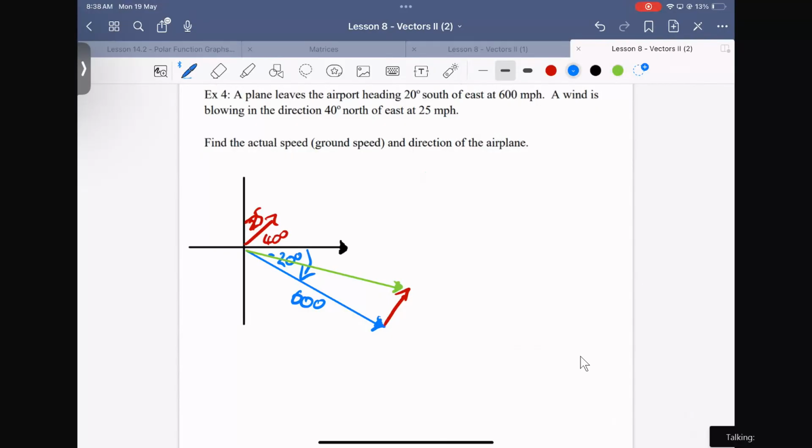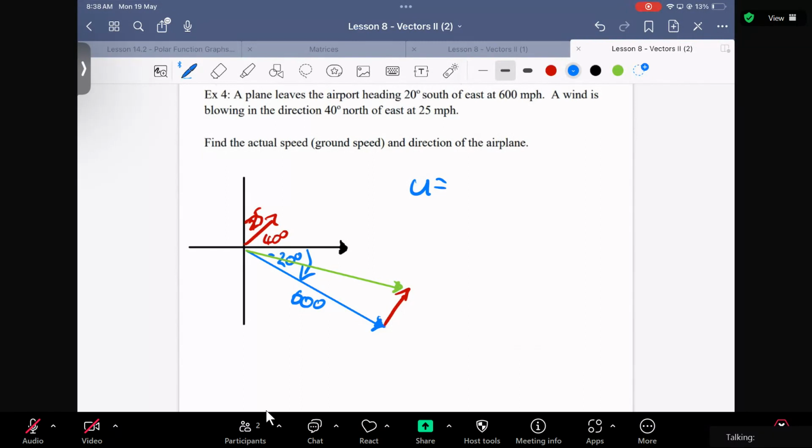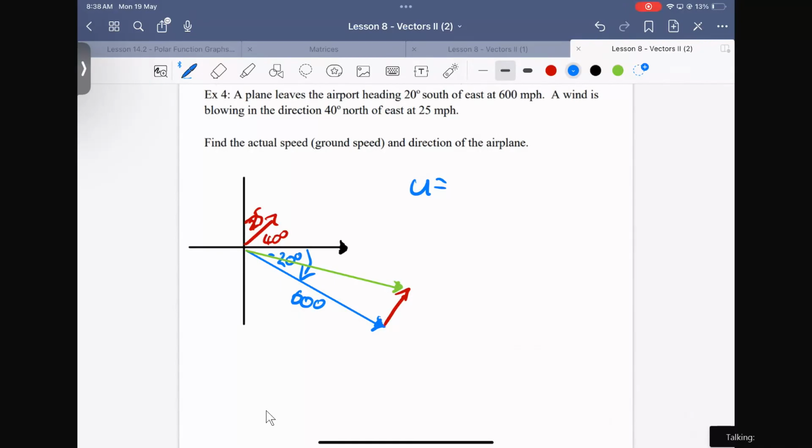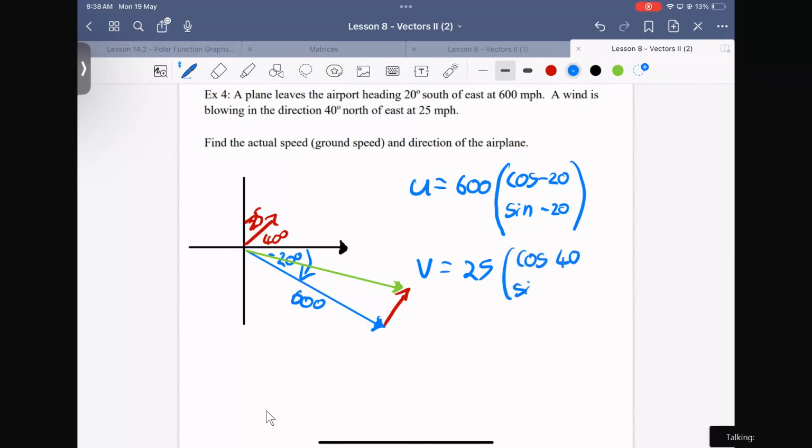So if U is equal to 600 cosine of -20, sine -20, this is U. V is equal to 25 cosine of 40, sine of 40.